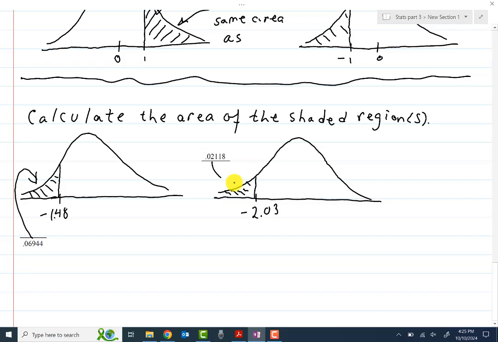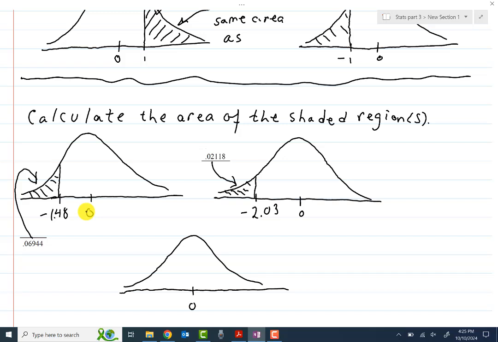And that is the area of that shaded region. I just see I didn't put zeros on any of these. I usually do so that I know that I'm dealing with the standard normal distribution. We'll do things to these graphs to change some of these numbers. So it's important to put the 0 there so you know what you're dealing with.